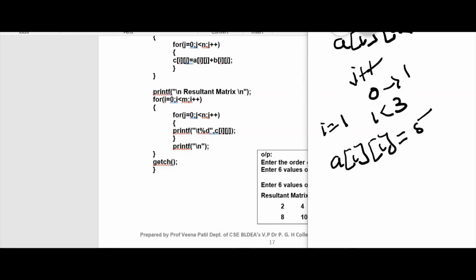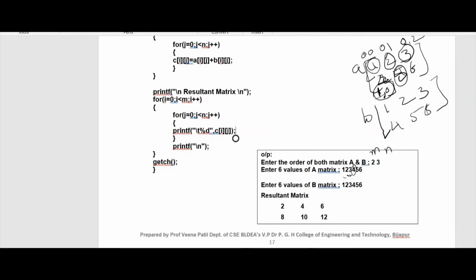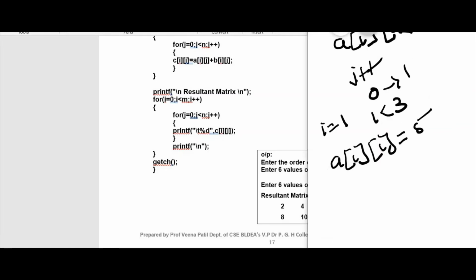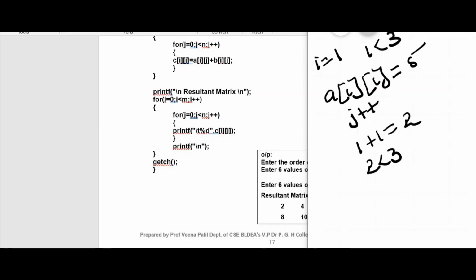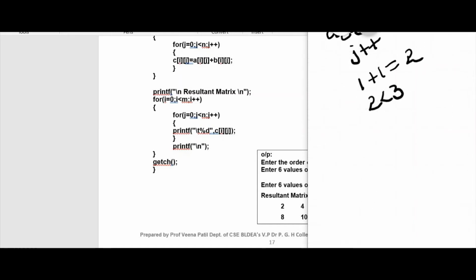So 5 will be stored at this location, that is 1 comma 1, right? Now before the iteration, the j value again increments. Now j becomes 1 plus 1, that is 2. Is 2 less than 3? Yes. If yes, then enter the loop.